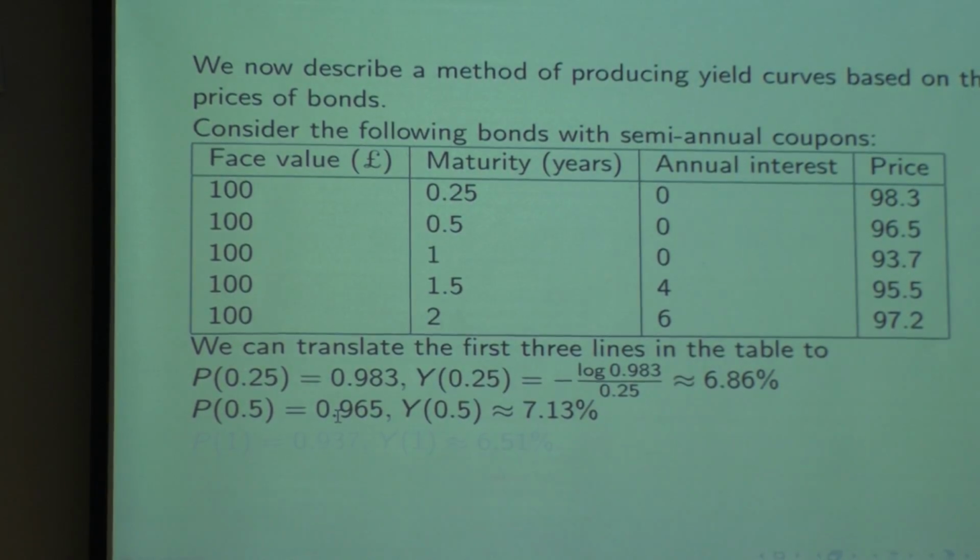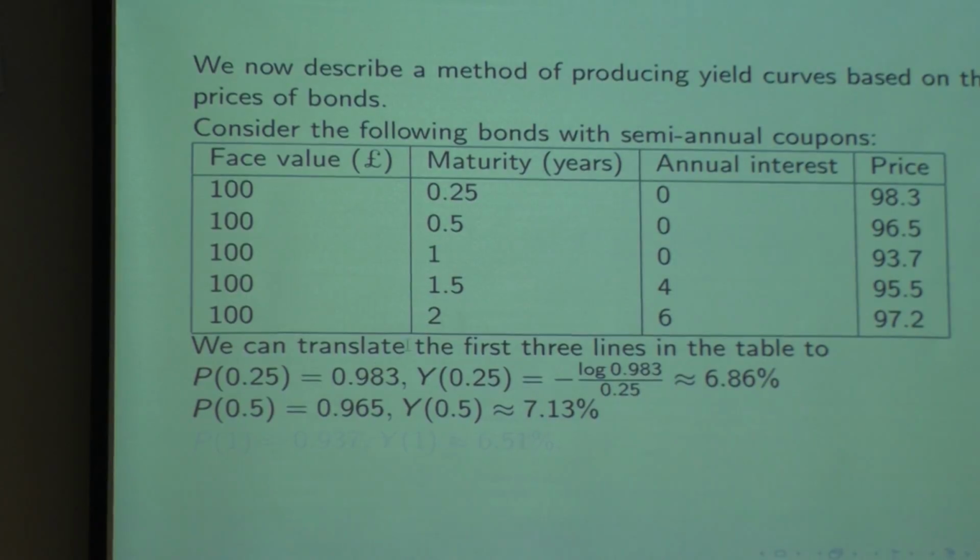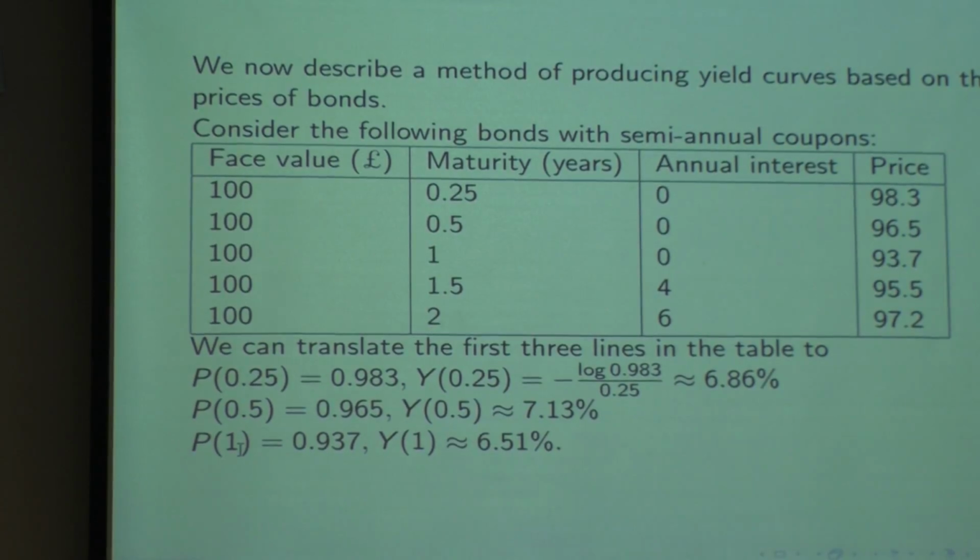If you look at the next line, if you pay £93.7, you get the right to get £100 paid in a year, and nothing more, nothing less. And this is telling you that p of 1, what people pay for £1 paid in 1 year, is 93.7 divided by 100. So this is not too difficult.